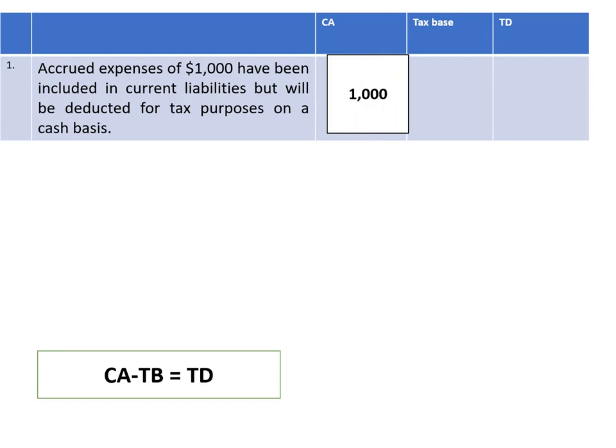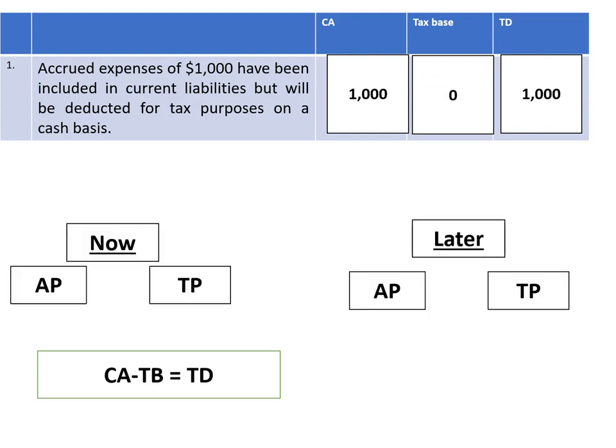The tax base is 1,000 less the amount that will be deductible for tax purposes in future periods. In future, the amount that will be deductible is going to be the 1,000. And therefore our tax base is 0, because 1,000 less 1,000 gives you 0.